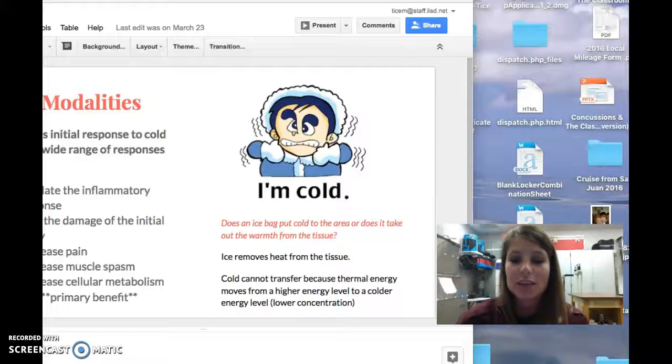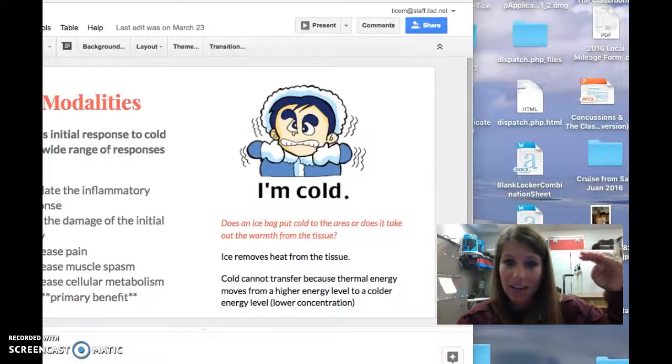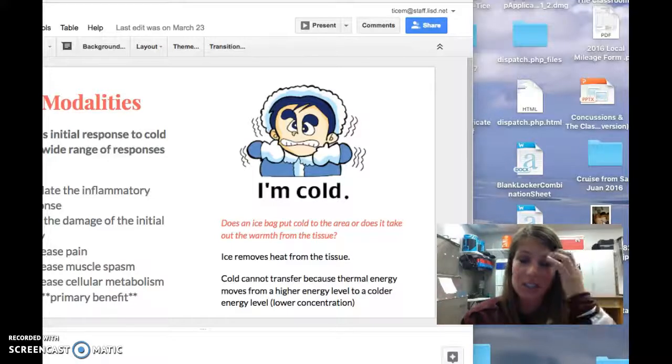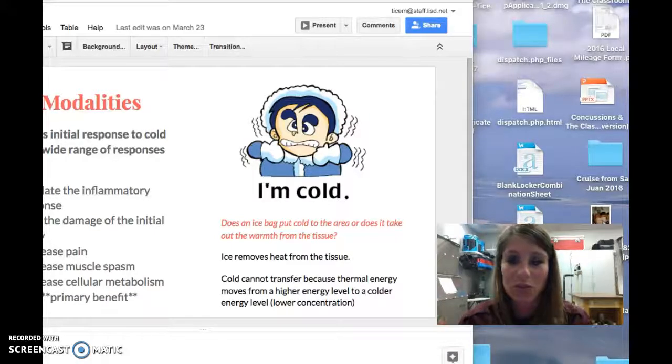Cold cannot transfer, because thermal energy is going to always move from an area of higher temperature to a colder area. So in the ice bag skin temperature scenario, the skin temperature is going to be significantly warmer than the ice bag.